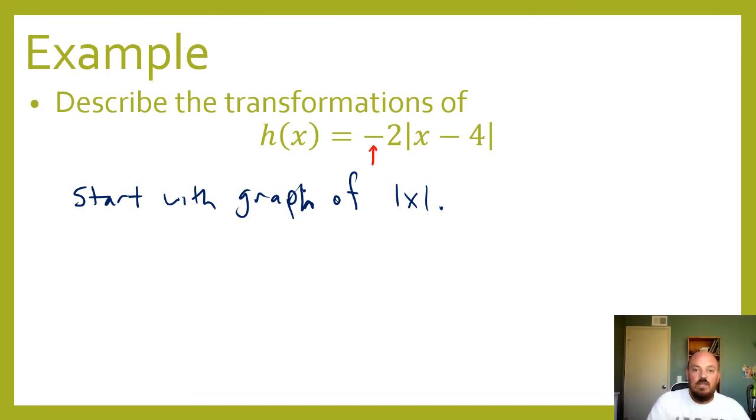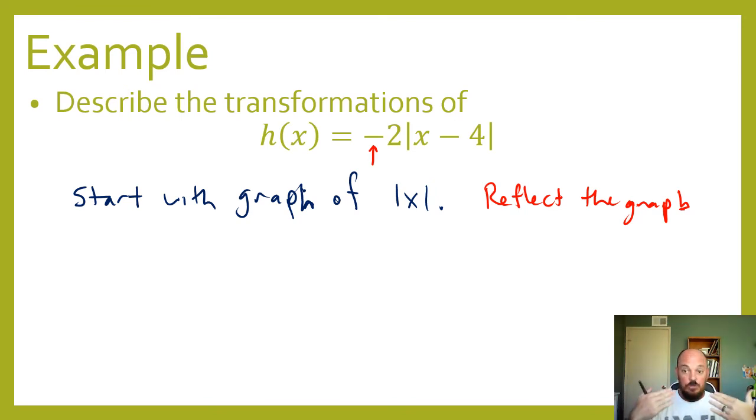Number 1, right here, that negative, that's a reflection. So when I multiply by a negative, now remember that's outside the absolute value, that's the one that flips it upside down, goes from top to bottom. So the first transformation, I'm going to reflect the graph. Now there's a lot of ways to word this.